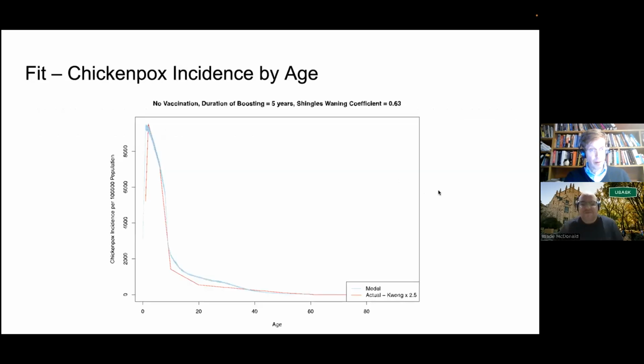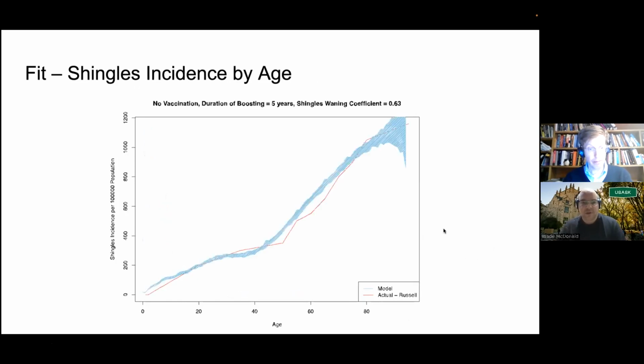This model was fit to empirical data in a couple of ways. First, we looked at chickenpox incidence in the pre-vaccination era and its distribution over age groups. Red represents our reference data from literature, and blue represents the model output.